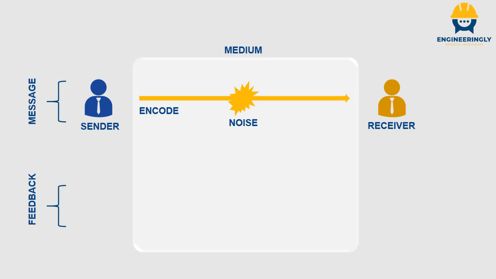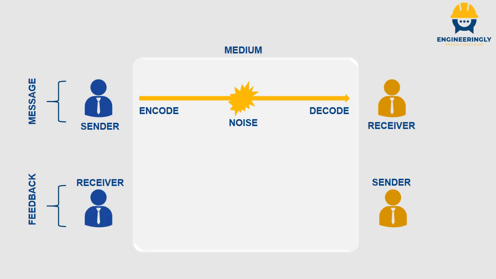Once the message is sent, the receiver decodes the message, which means that they are interpreting the message for themselves. When they receive the message, there is the next part of the communication model, which is the feedback. Here, the receiver becomes the sender. They are the one who is going to give you feedback about the message that you gave them.